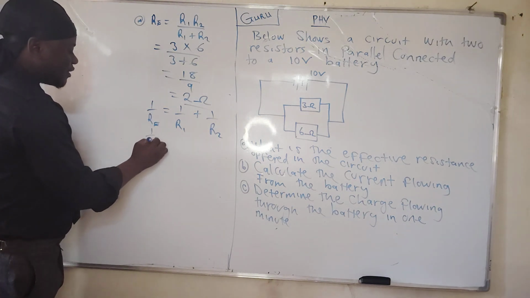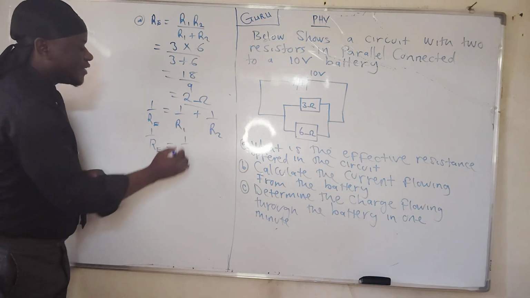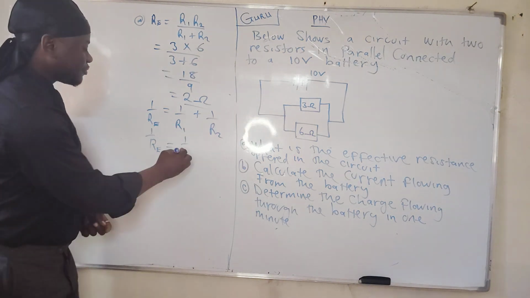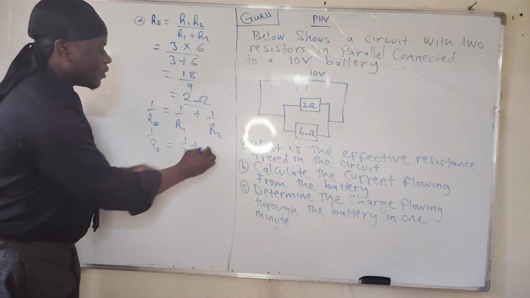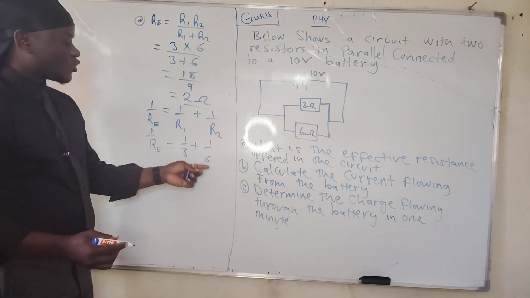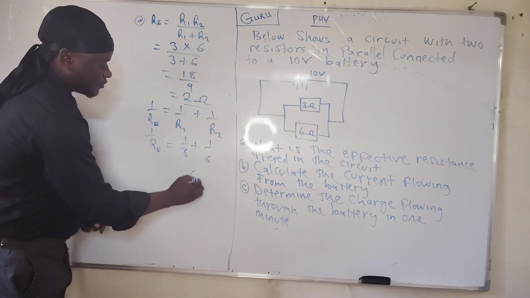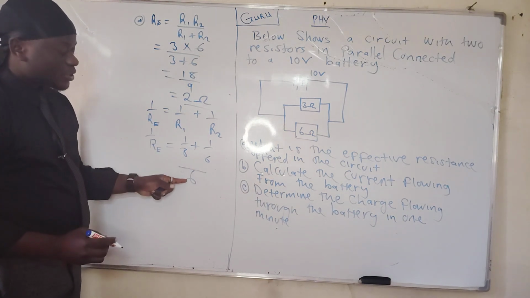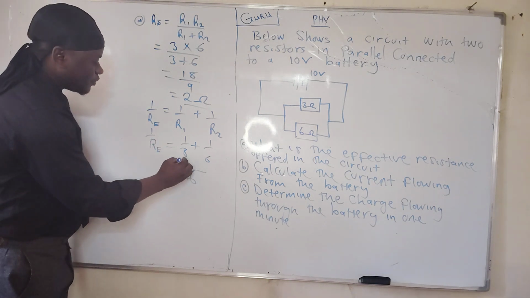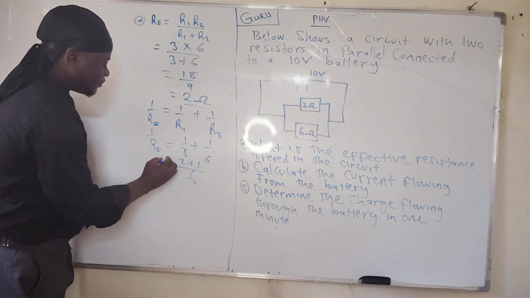That is 1 over effective resistance equals 1 over 3 plus 1 over 6. The lowest common denominator here is 6. 3 into 6 is 2, times 1 is 2. 6 into 6 is 1, times 1 is 1.